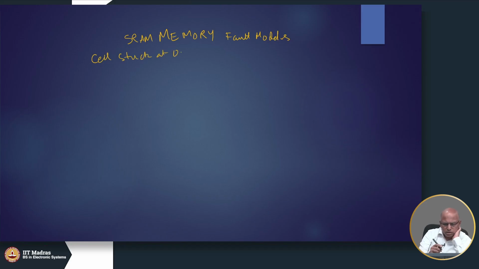What does it mean? The cell can be in two states, 0 or 1. A good cell, if it has, let us say, stored 0, then when you write a 1 it goes here, and when you are in state 1 if you write a 0 it will go here.